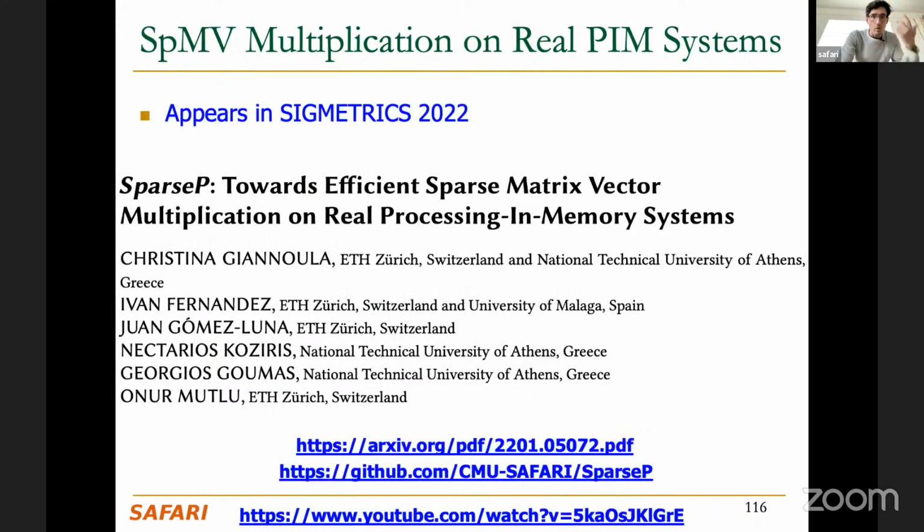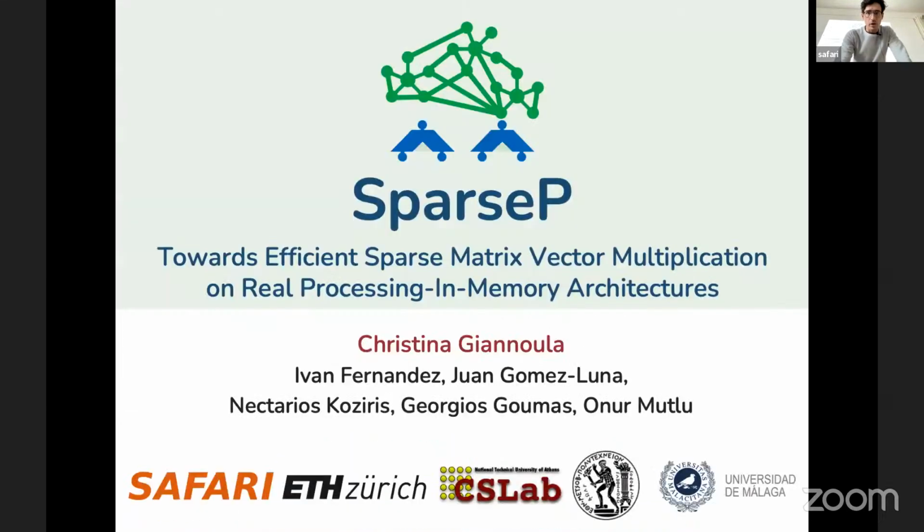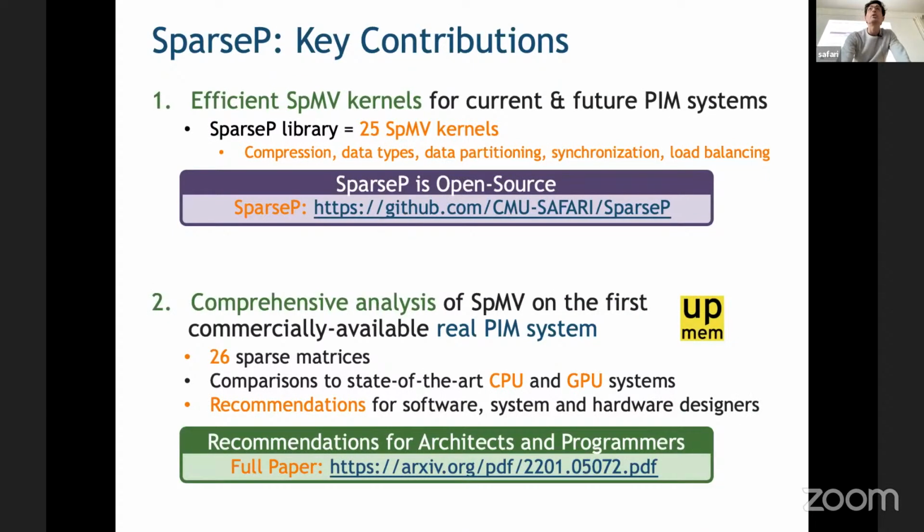And it's not the only one. Sparse matrix vector multiplication is an extremely important operation for many different applications. There is a recent work from us, the SparseP library, where we studied many different implementations of SpMV on the UPMEM PIM architecture: in total, 25 different versions using different compression approaches, data types, data partitioning and synchronization, and load balancing approaches.